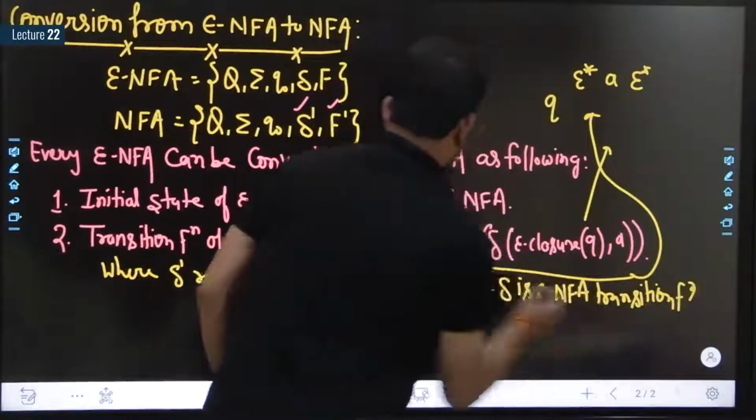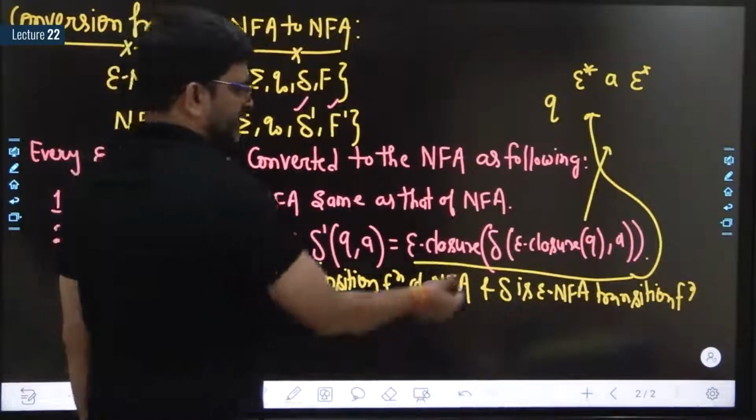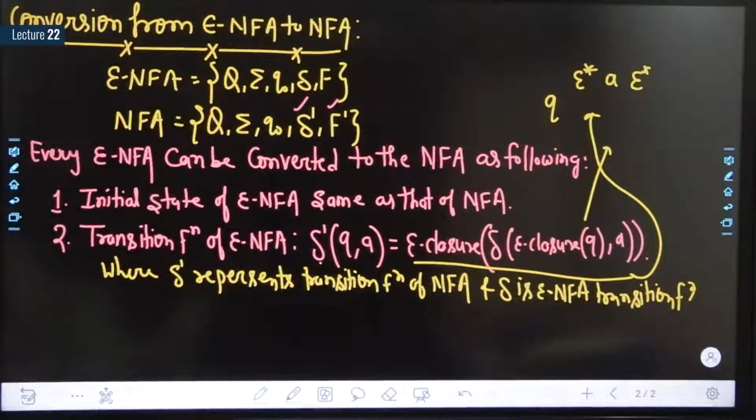Please check. Delta dash represents the NFA transition function and delta represents the Epsilon-NFA transition function. Clear? Next.